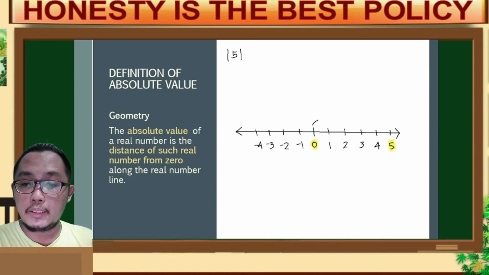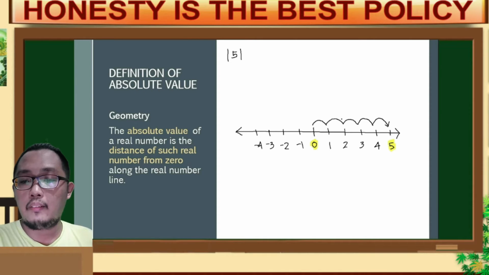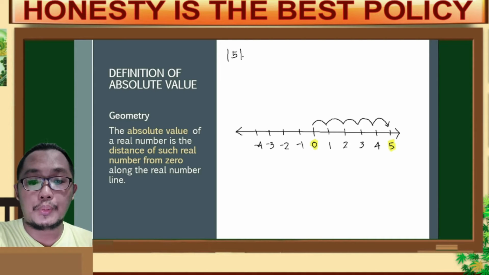So counting from 0, we have 1, 2, 3, 4, and 5. So we have a total of 5 unit distance from 0 to that integer 5. So that means the absolute value of 5 is equal to 5.